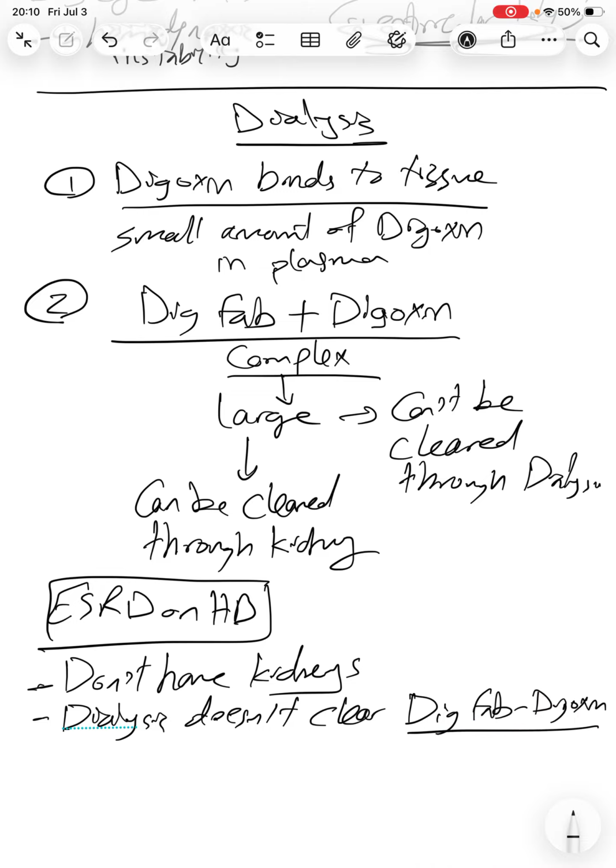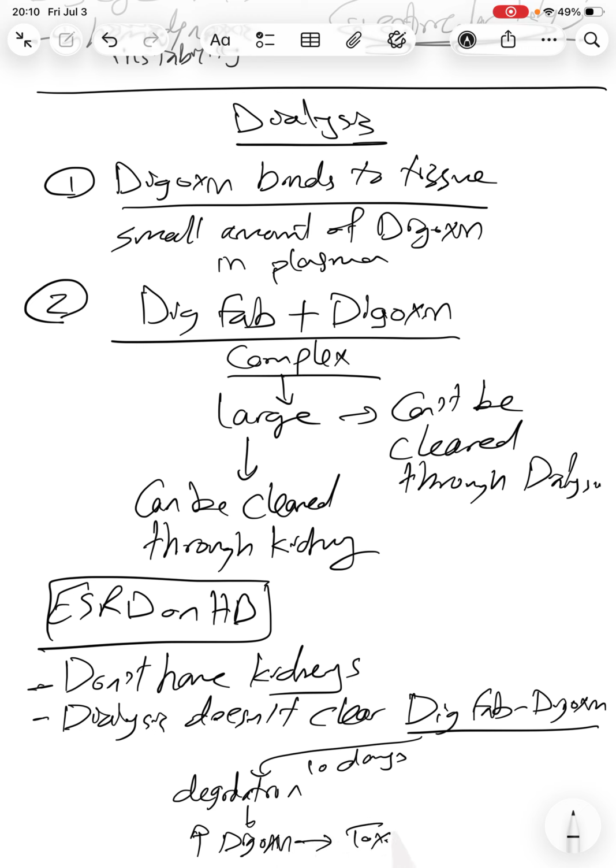So in this situation, after 10 days, there will be degradation of the Dig Fab digoxin complex, and the patient will have high digoxin in the blood again and will have toxicity again. The only way to resolve this is by plasma exchange.